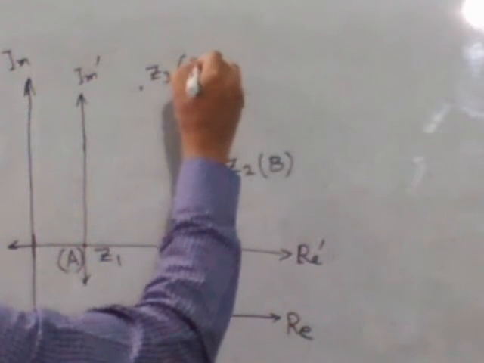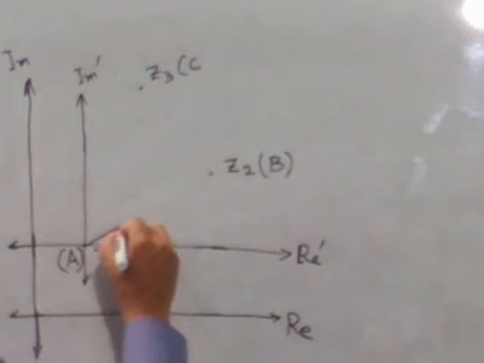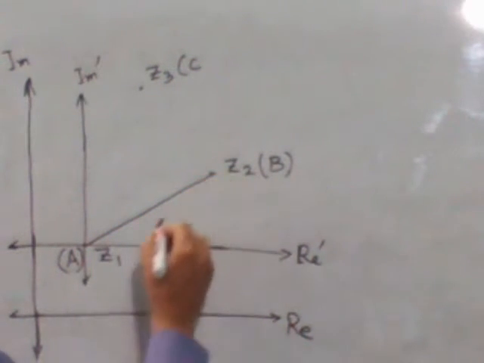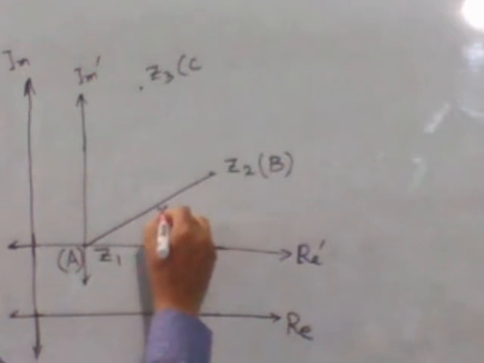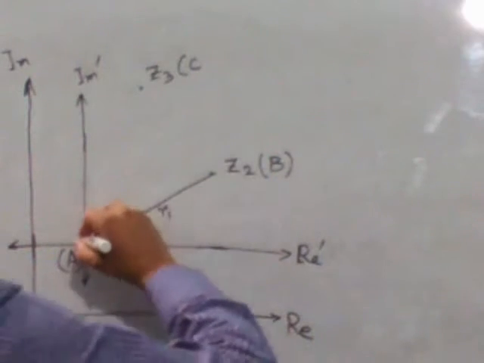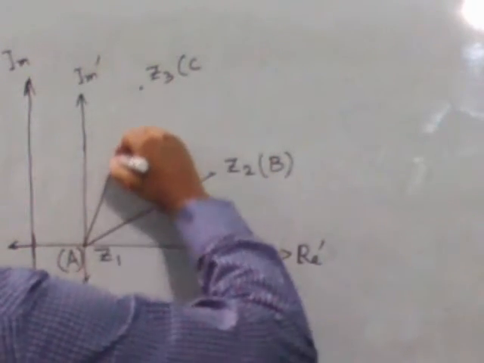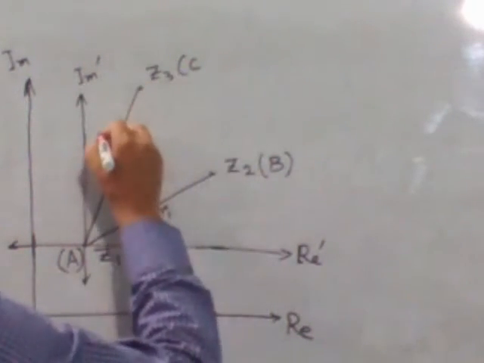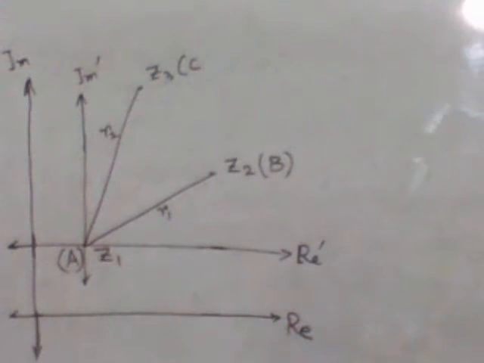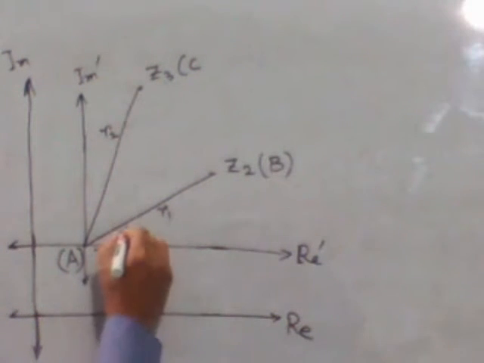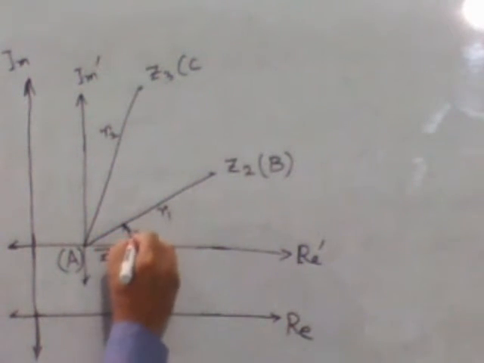Suppose this point is C. Now the length of Z1 Z2 is R1 and that of Z1 Z3 is R2.